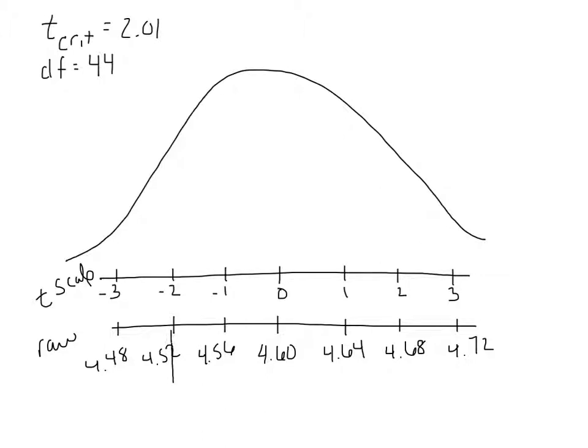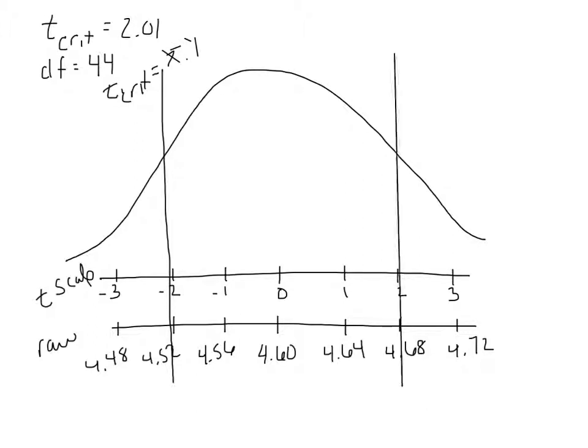And we can label in our table T's. It's going to be right around that 2 level, where our table T is T crit equals 2.01. We'll put in our other T crit, equals 2.01.